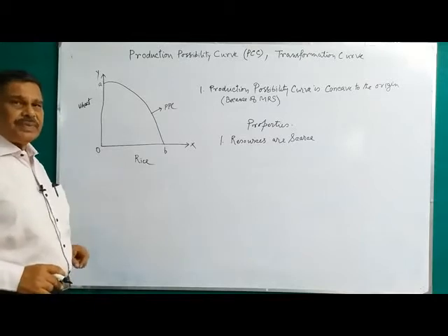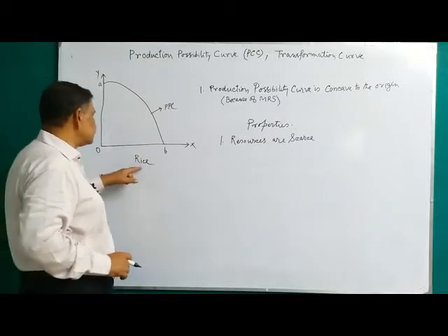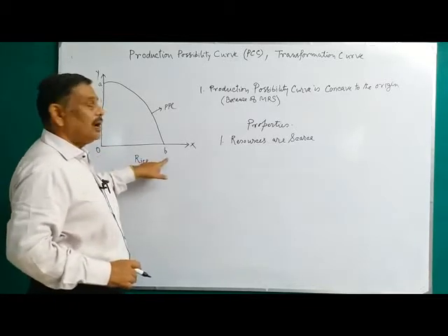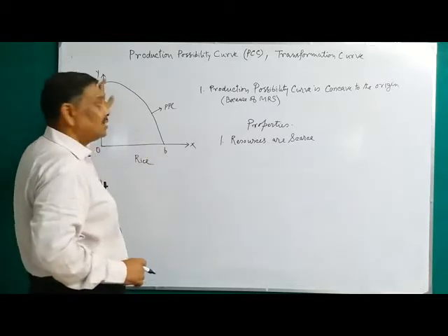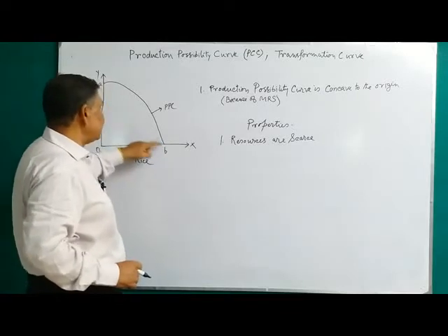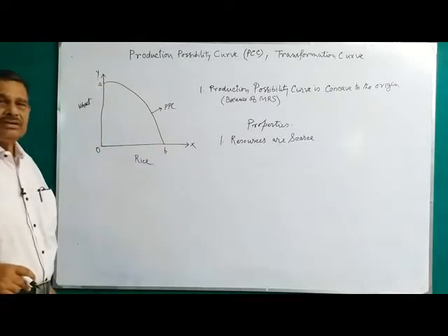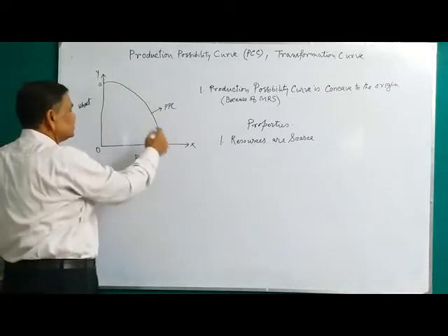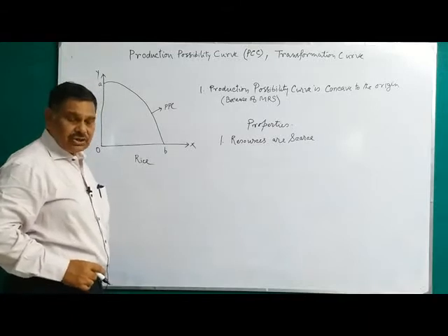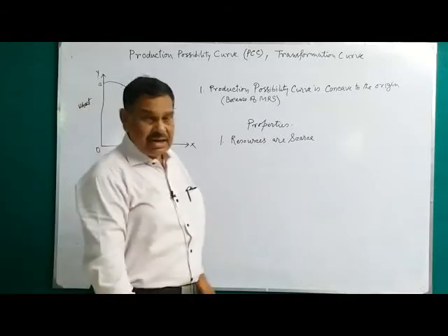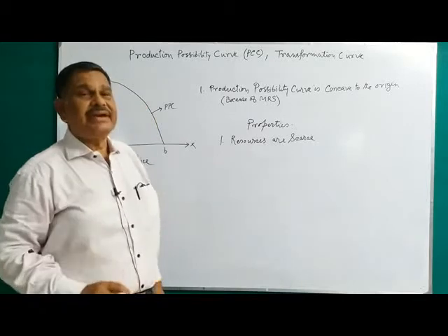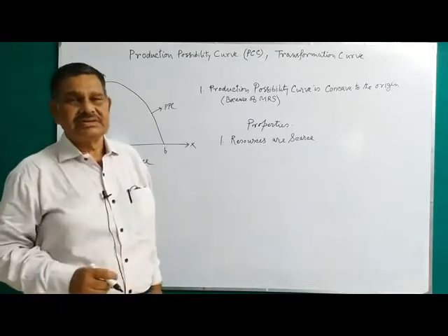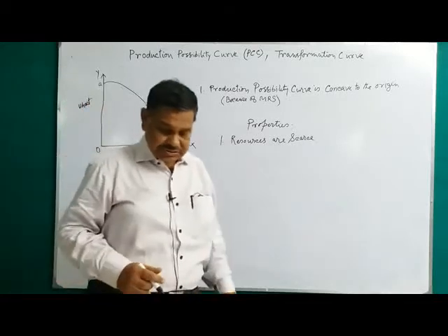But if you want to purchase only rice, not wheat, then you can purchase OB amount of rice and zero amount of wheat. Now we get two points, A and B. If we join these, we get the PPC curve. So this is the curve which indicates the combinations of two commodities with limited resources.